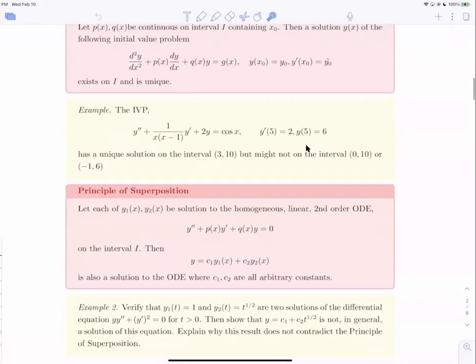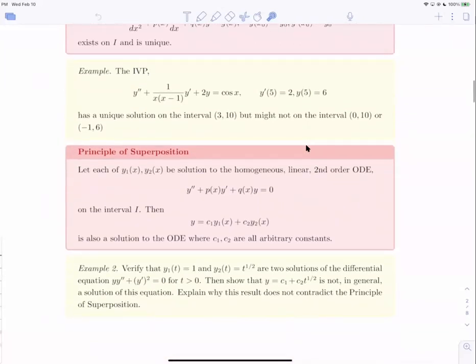The next theorem, the principle of superposition, is more important. I'm going to put a star here, which means it's really important. This is saying that if y1(x), y2(x) are solutions to the homogeneous linear second order equation, it works for nth order as well.